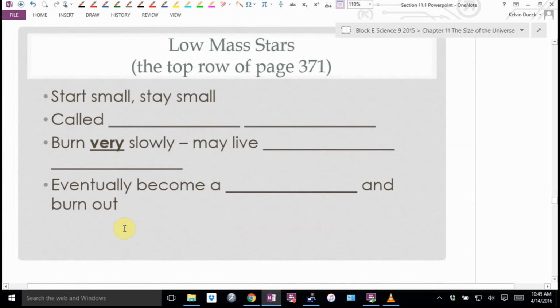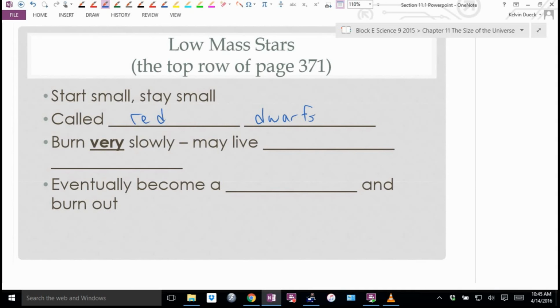So low mass stars, if you want to, you can write next to that top row on page 371. They start small, they stay small, and they're called red dwarfs. What color do you think a red dwarf is? Do you think it's a hot star or a cold star? Cold-ish. Do you think it's a big star or a small star? Because we know how to name stuff in astronomy.